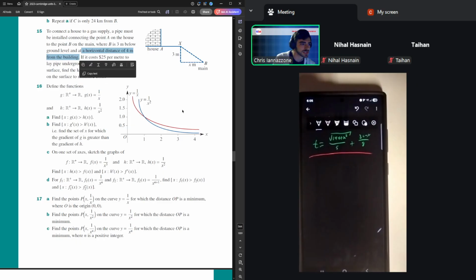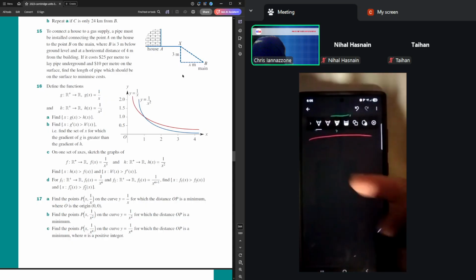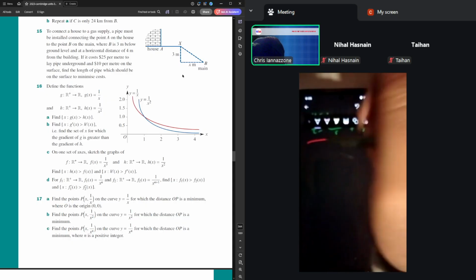Worth pointing out, what isn't mentioned is that the full horizontal distance from B to the house is 4. That's not actually put in the picture just yet. So let me sort that one out. I'll get an updated picture.